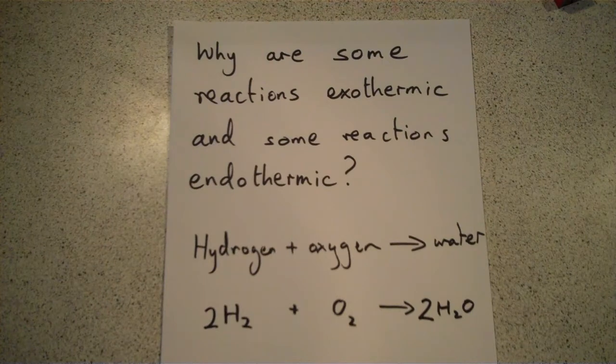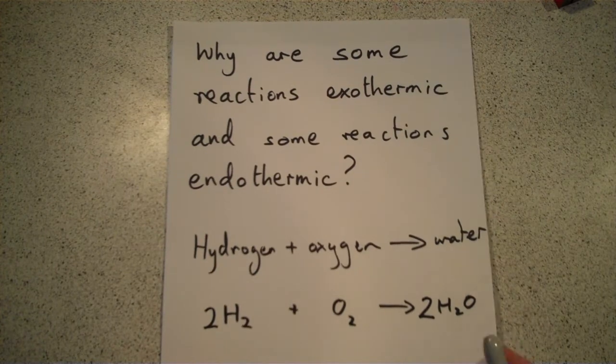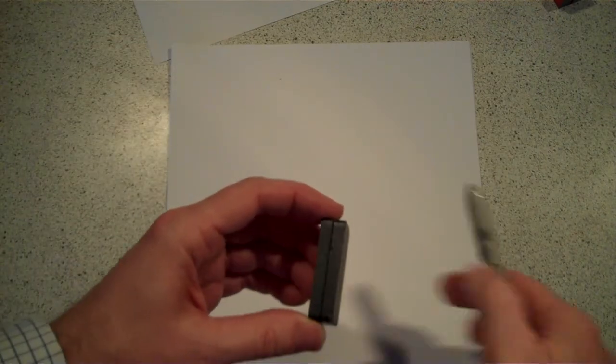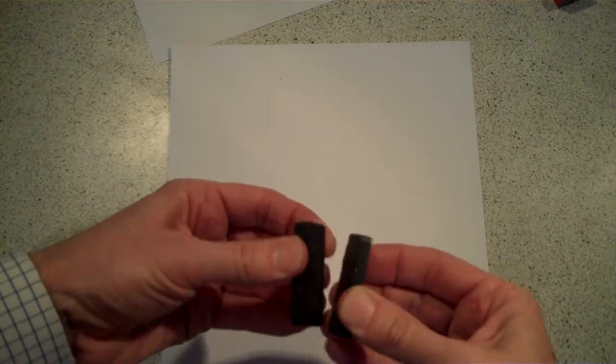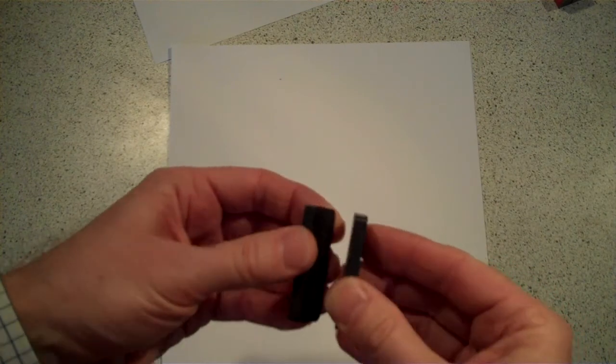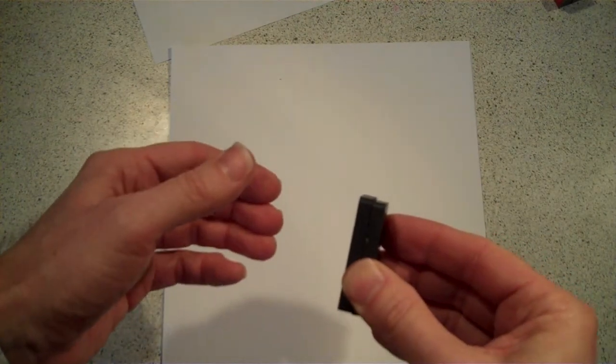Now, to explain what's going on in a bit more detail, let's consider those pairs. I'm going to represent the hydrogen pairs using magnets. Here's a magnet, well, a pair of magnets. They're these long flat ones, and as you can see, when I put them close to each other, they attract.